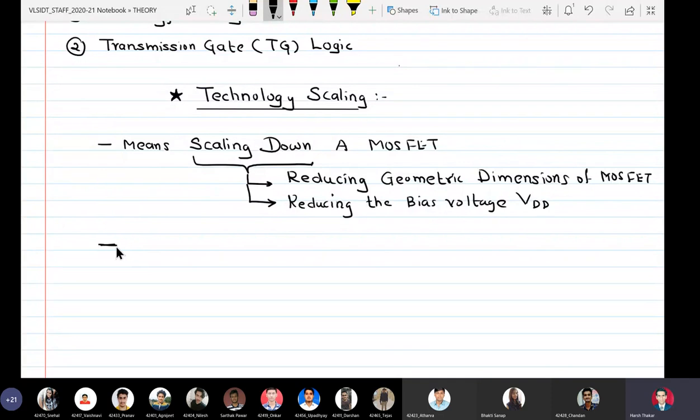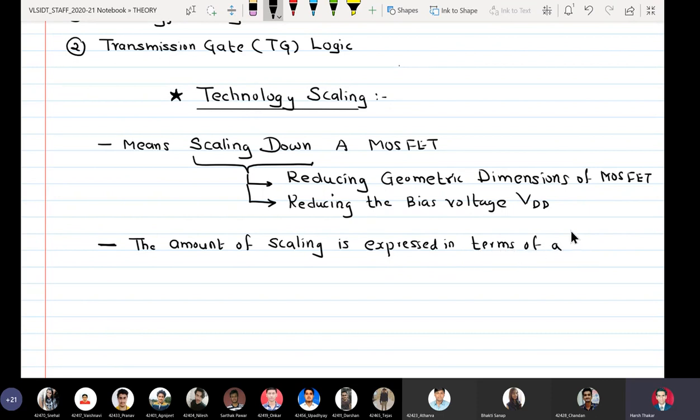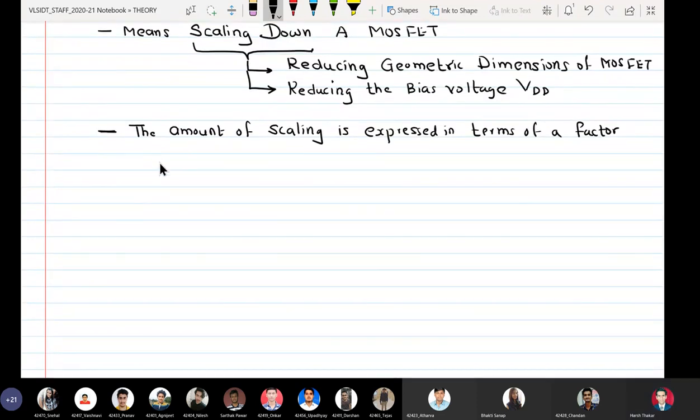Okay, and when we say scaling down, we have to define it. The amount of scaling is expressed in terms of a factor S called the scaling factor.